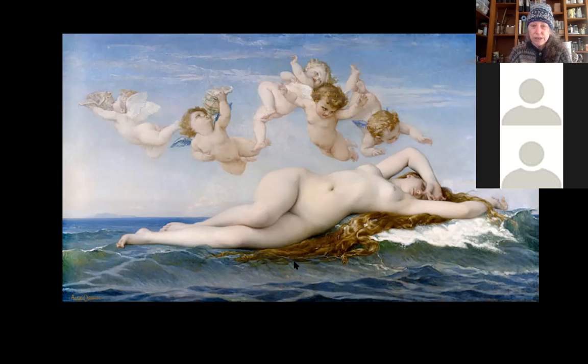So that's what we're seeing here. And she's surrounded by these little naked cherubs with wings flying around her. That's a common thing in these academic paintings: fat naked babies with wings.